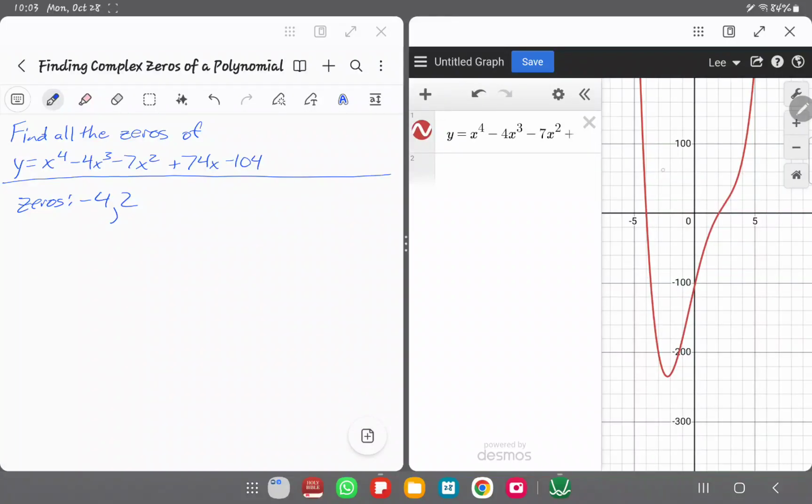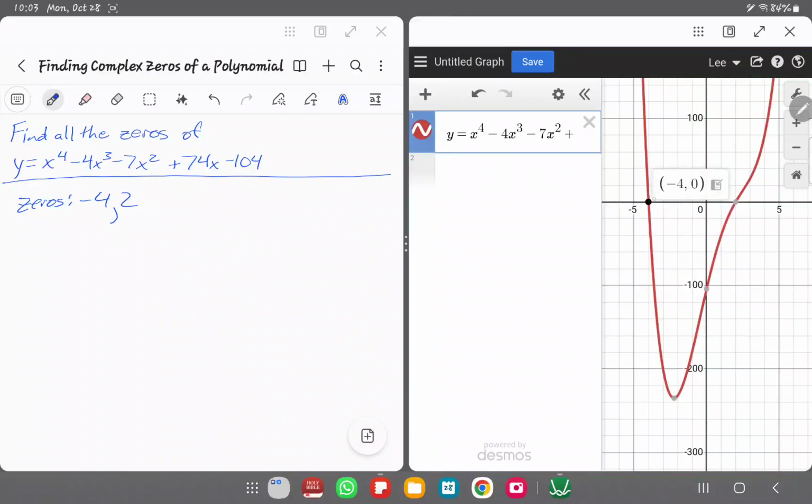There's kind of a wiggle in there, but there are only 2 zeros that cross the x-axis. So that means only 2 real zeros, right there at negative 4 and 2. So those 2 points right there. And then the other 2 are going to be complex. So we should expect some complex zeros on this one.